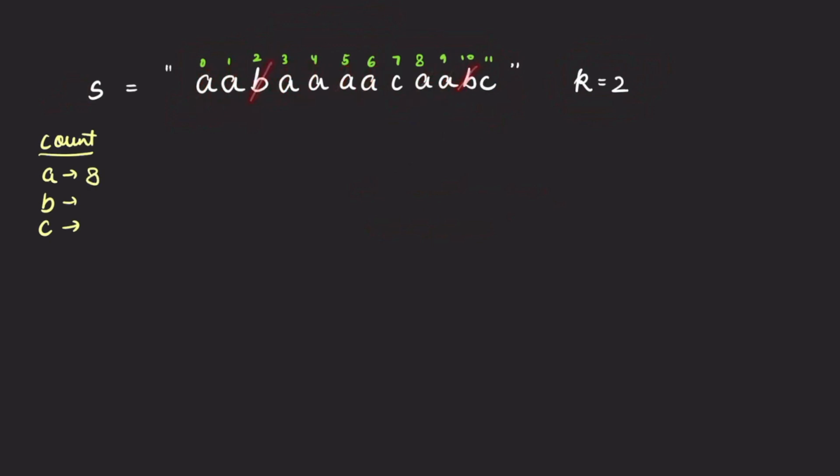B is 2, and C is also 2. So these are our counts of A, B, and C. Now, if any of these three has a count less than K, then that means the answer is not possible. So we will return -1 straight away. Otherwise, we will move forward, when we know that the answer will surely exist.